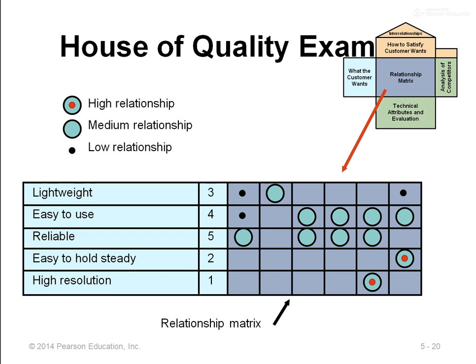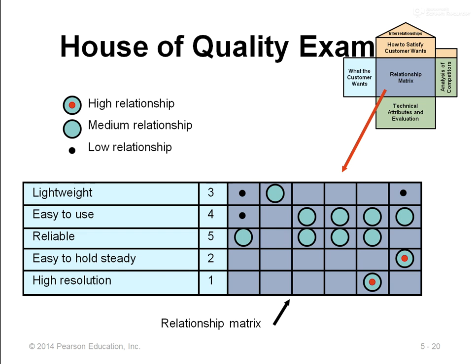A medium relationship is just a blue circle, and a black dot is a low relationship. We give 1 point to a low relationship, 3 points to a medium relationship, and 5 points to a high relationship. Then we know what the priorities are because we defined the priorities of our customer previously.